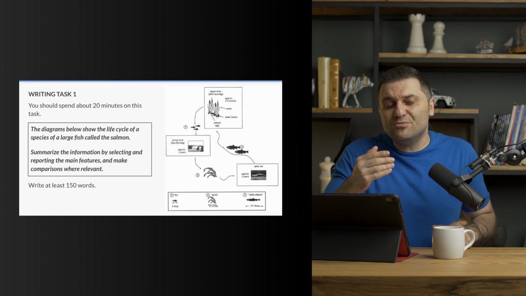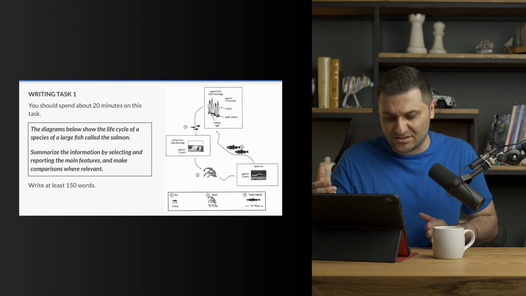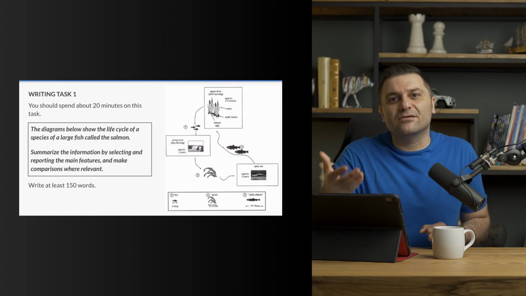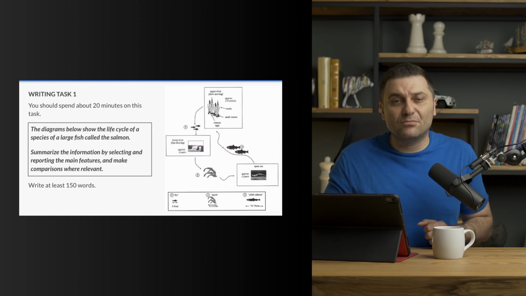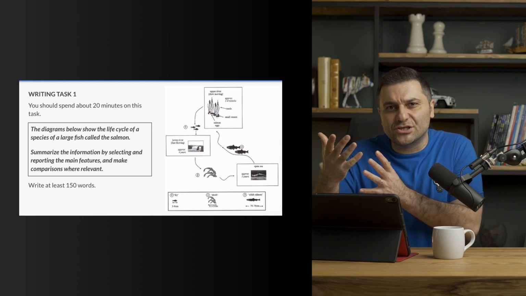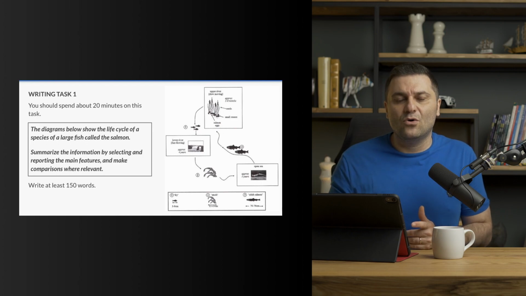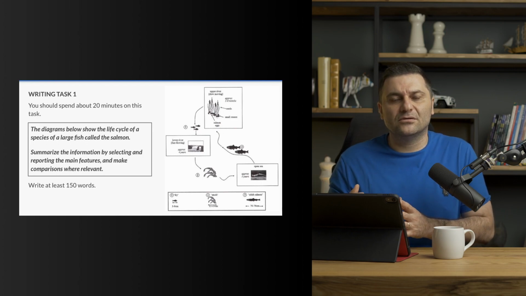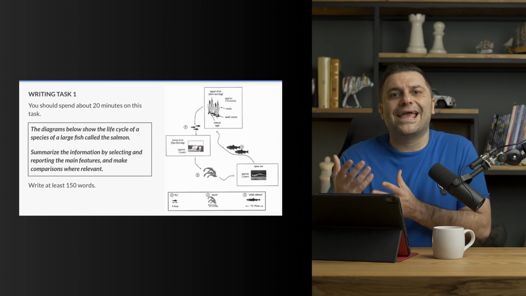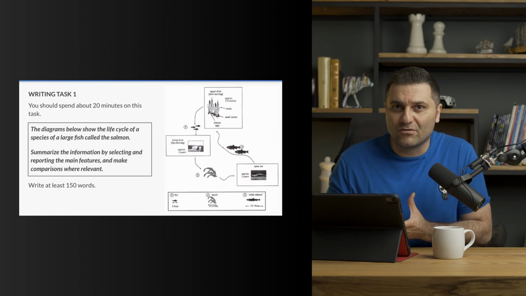So you must describe a process or cycle in a number of stages. It can be the production of something, maybe the production of a pencil, or it can be, let's say, the life cycle of an animal, maybe a salmon, all right?